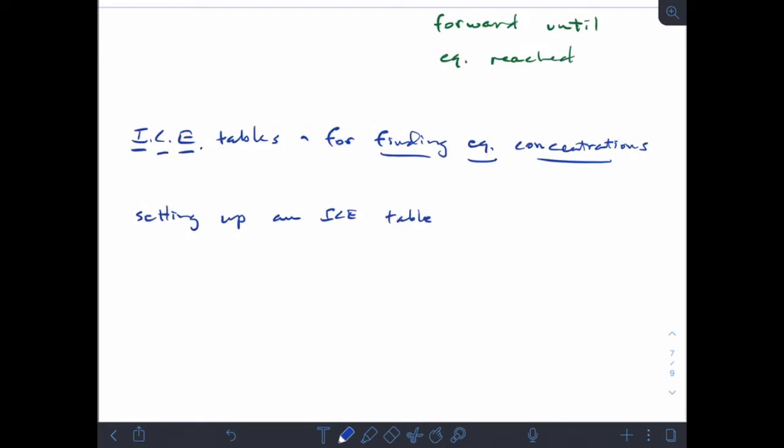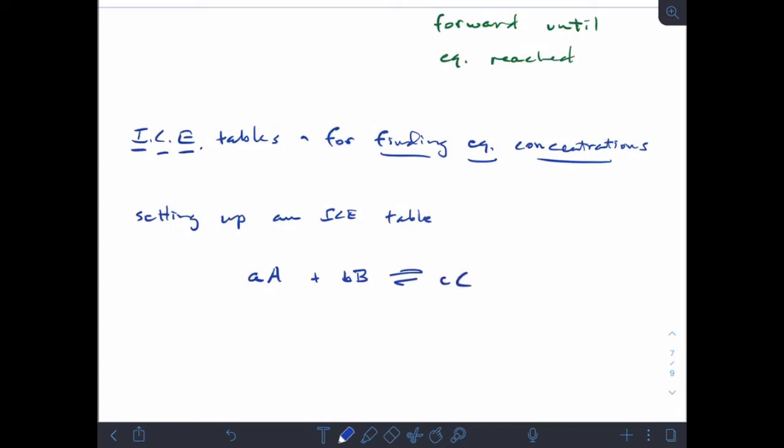And sometimes people find it useful to put a fourth line into the ICE table for final, which tells us the actual number for the equilibrium concentration. So let's set up an ICE table for a generic reaction. And we'll do a couple of specific ones as well, so don't worry.